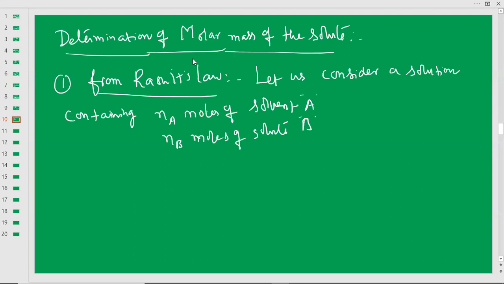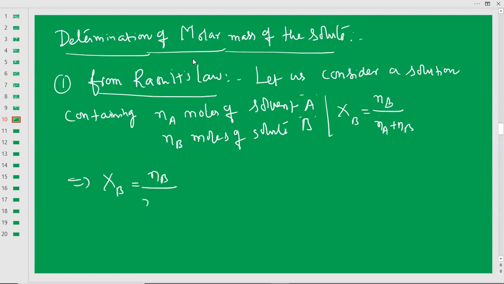Then according to this concept of mole fractions, what is XB? We have drawn, that is XB is nothing but NB by NA plus NB.